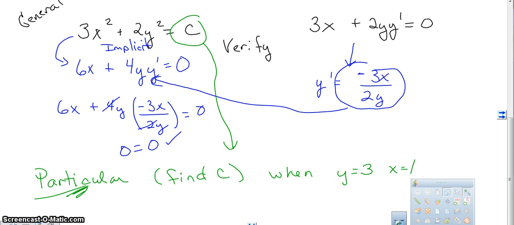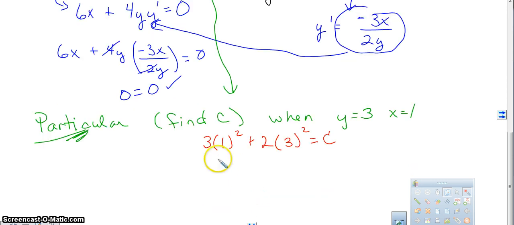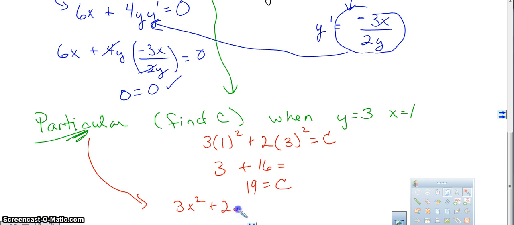This is basic algebra. You plug it into your general form. So I get 3 times 1 squared plus 2 times 3 squared equals C. So that's 3, that's 9 times 2, that's 18, so that's 21. So C equals 19. So the particular solution would be 3x squared plus 2y squared equals 19.